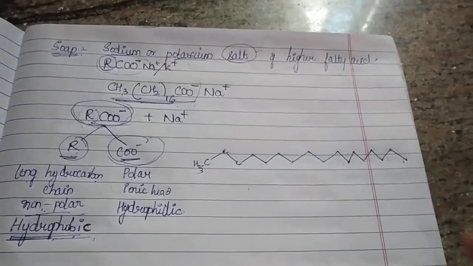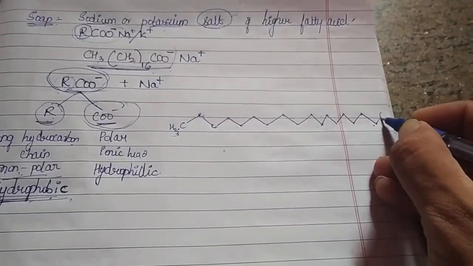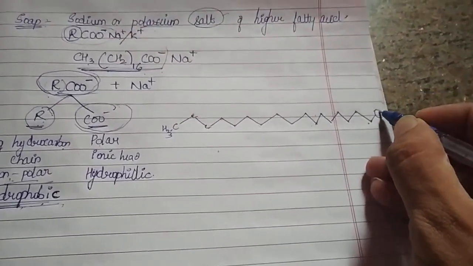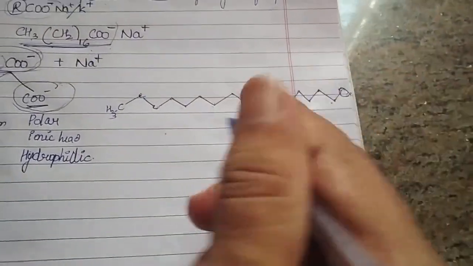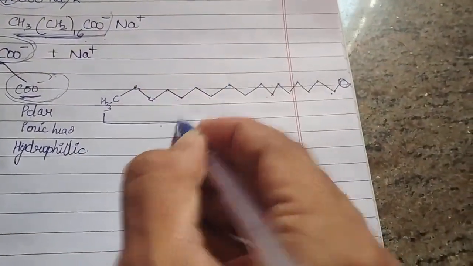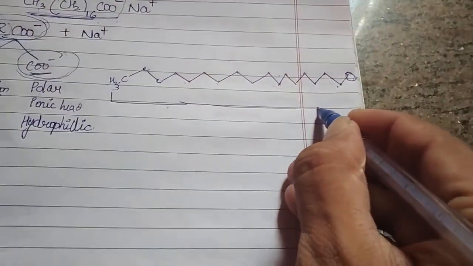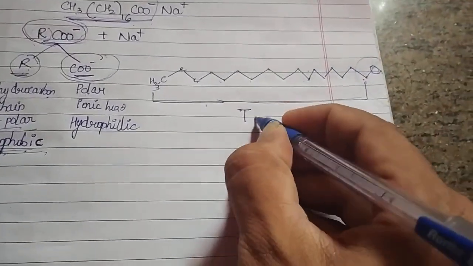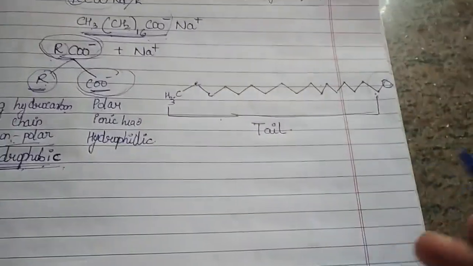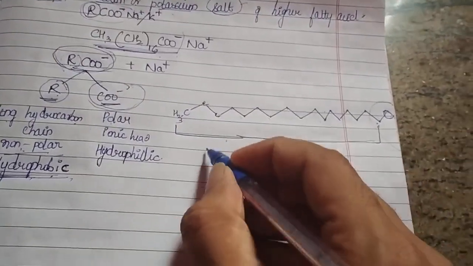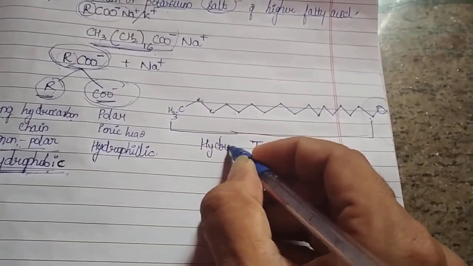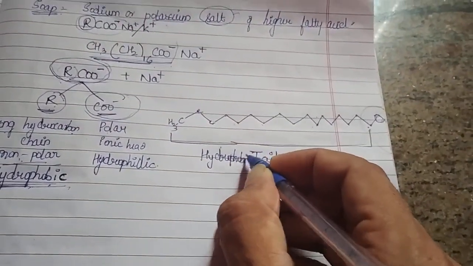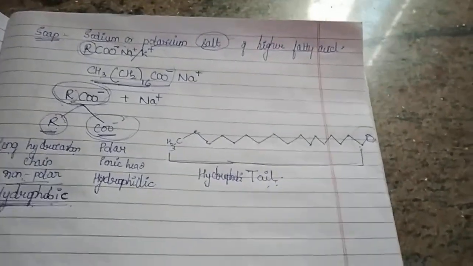Let me take it as a circle like this. Whatever the CH3, CH2 16 part is, till here, this is called the tail, a non-polar hydrophobic tail. Remember, when you think of soap, this structure should come to mind.